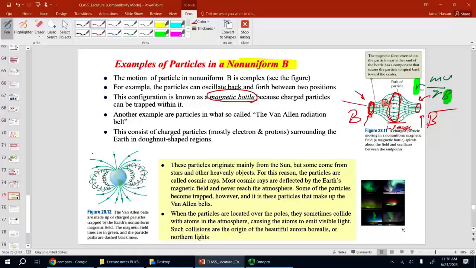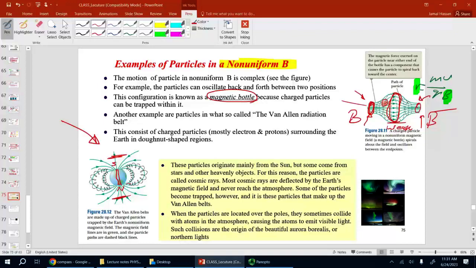Okay. This is again the picture of our planet. We said our planet behaves like a magnet because there is a magnetic field around it. So we have the south magnetic pole here, and north is here. And we know that here the magnetic field is strong, here the magnetic field is strong.